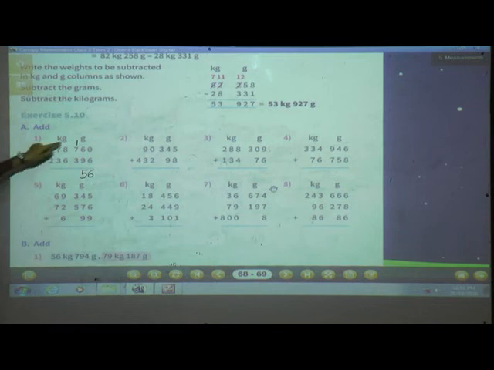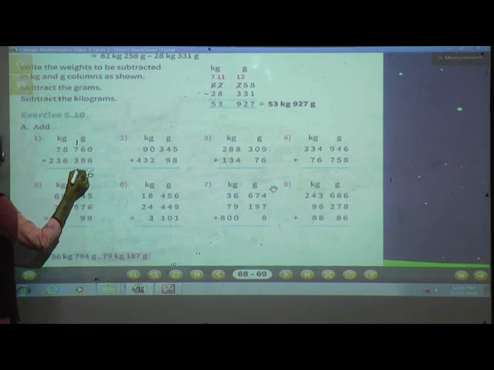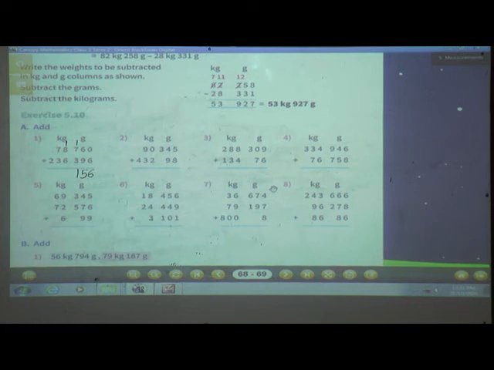Now see these 3 digits, 1, 7, 3. Add these 3 digits: 1 plus 7, 8, 8 plus 3, 11. So what will we write here? 1 and we will give 1 as a carry to the next place. Then we will move to the kilograms column. See here, 1 plus 8 plus 6: 1 plus 8, 9, 9 plus 6, 15.